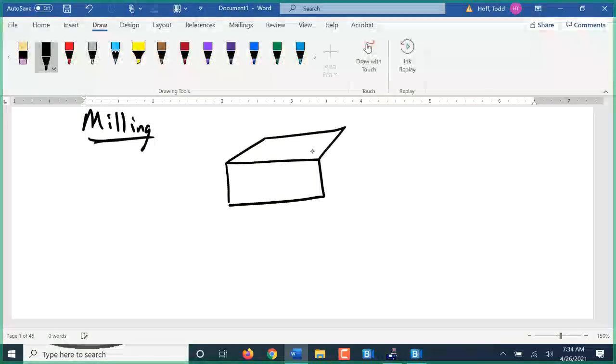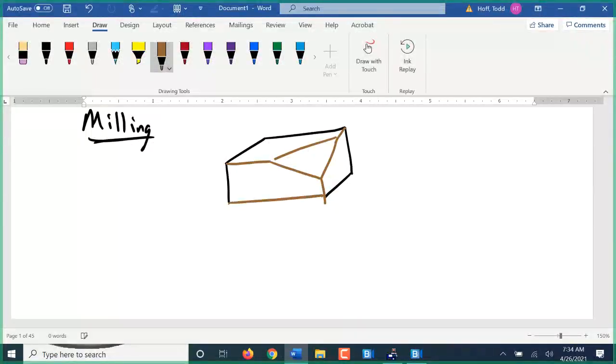would be when we have a block of material and we're going to cut the corner off of it like this. Like that. So again, we're going to be looking at our mill.